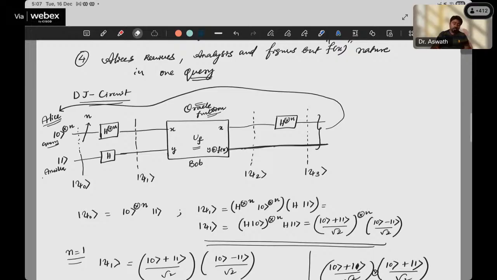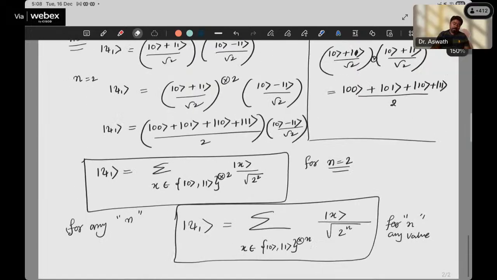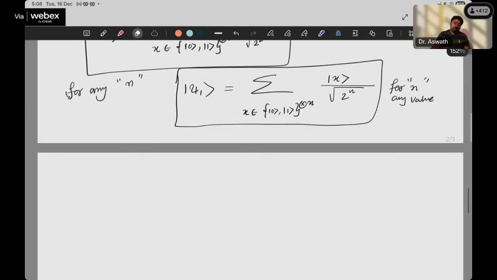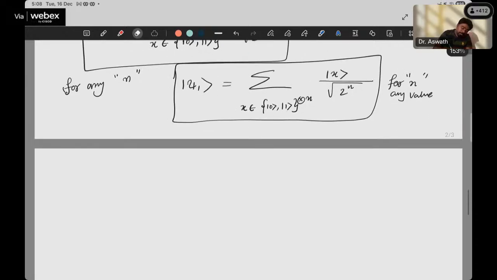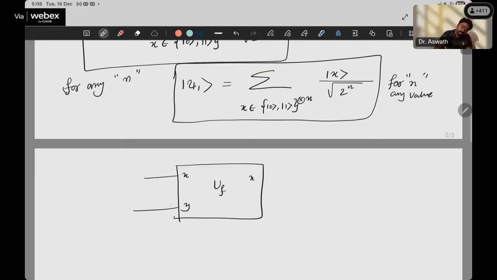The next question is, what happens after that? There is a unitary gate, a unitary function, which takes the x query and the input ancilla, and does the operation like this.